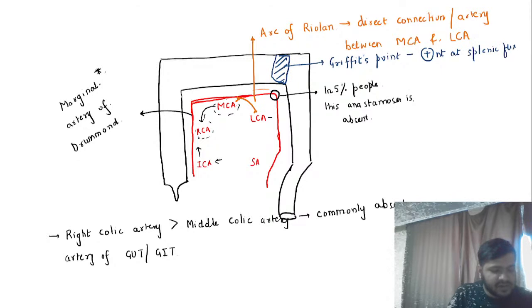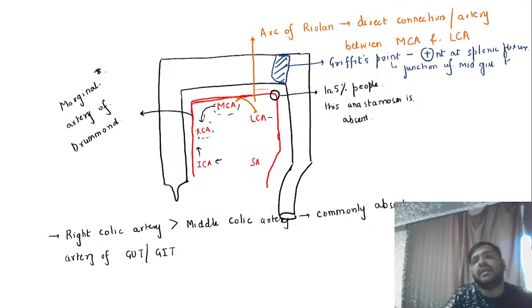It is present at the splenic flexure, guys. And remember, it is present at the splenic flexure, or I can simply say it is present at the junction of midgut and hindgut. Okay.